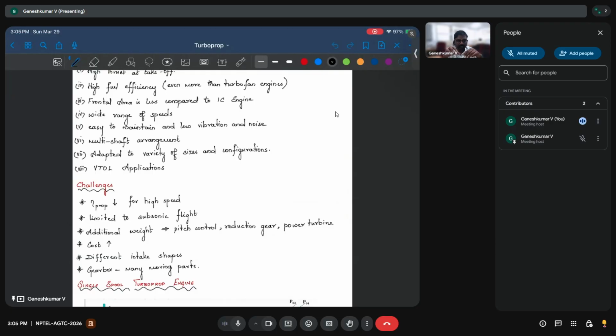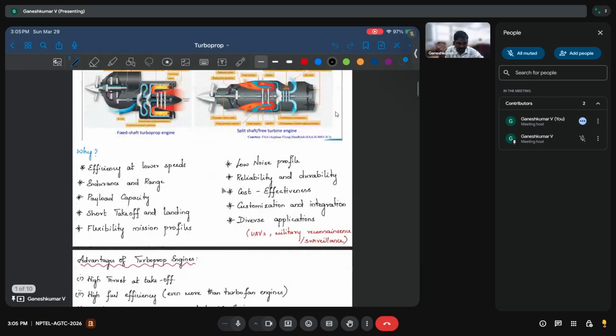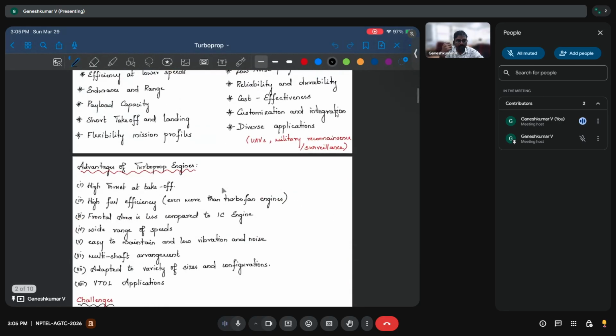People typically use this for smaller aircraft, like goods freight aircraft, basically, so that you transport the goods with very low fuel, in the most efficient way, at a minimal cost.